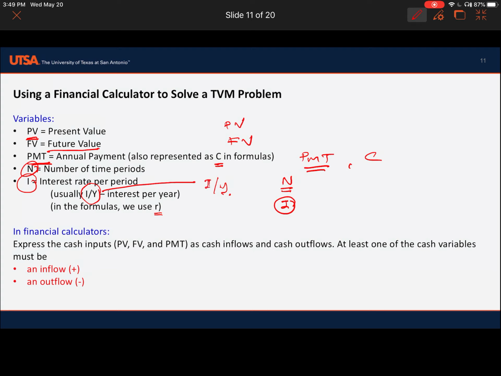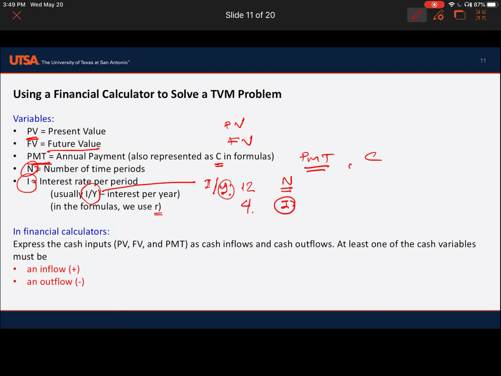I here is the interest rate, Y is per year. If you have interest amount monthly or quarterly, this yearly amount will change: 12 for monthly, 4 for quarterly.